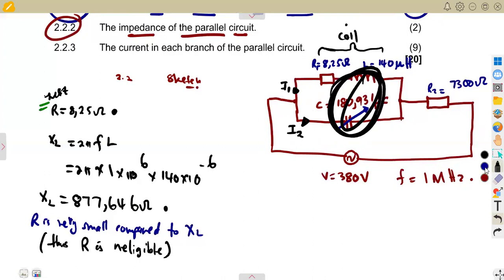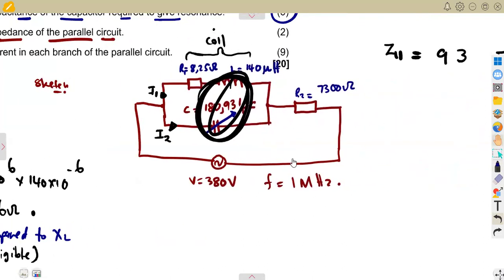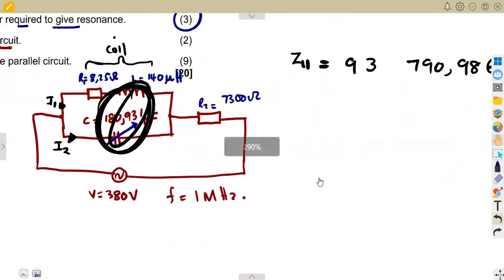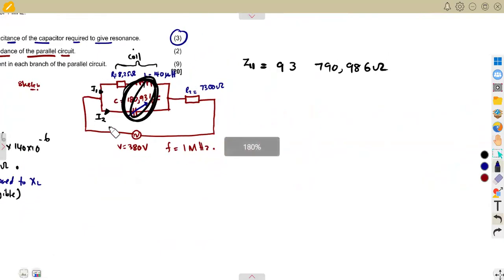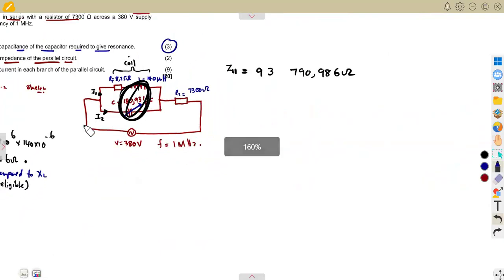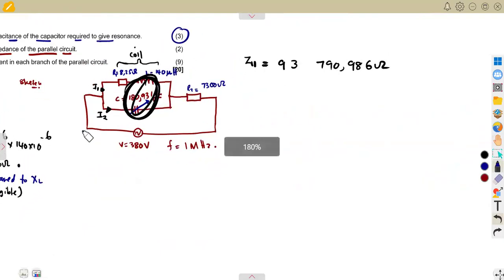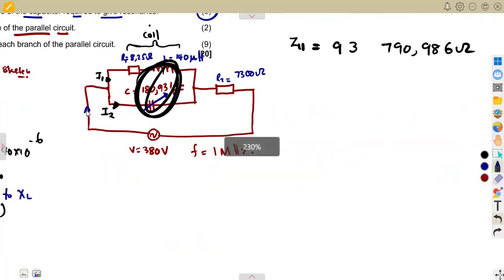Because we have the impedance of the parallel circuit, if let's say we have got the total current, that is an assumption that I'm making here, we can find the voltage of the parallel circuit.